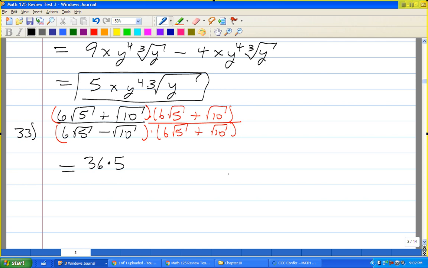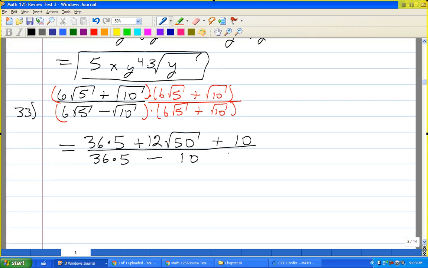There are going to be two of these. 6 rad 5 times rad 10 is 6 rad 50, plus another 6 rad 50 gives me 12 rad 50, plus the square root of 10 times the square root of 10 is 10. Over, well, again, this is the product of the sum and difference of two terms, so it's the difference of their squares. 6 rad 5 times 6 rad 5 is 36 times 5. Positive times negative is negative. Rad 10 times rad 10, the square root of 100, is 10.